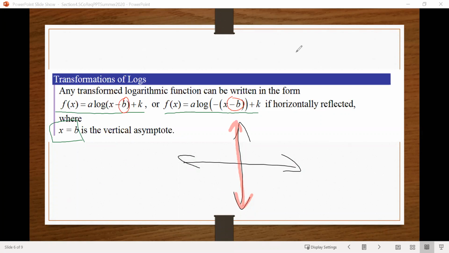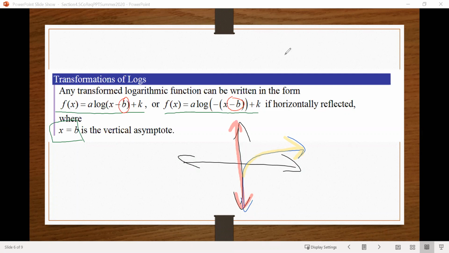And then the graph ran along that vertical asymptote and then shot off to the right. You can see that it's going towards infinity off to the right. So that's what the graph of a log function traditionally looks like.